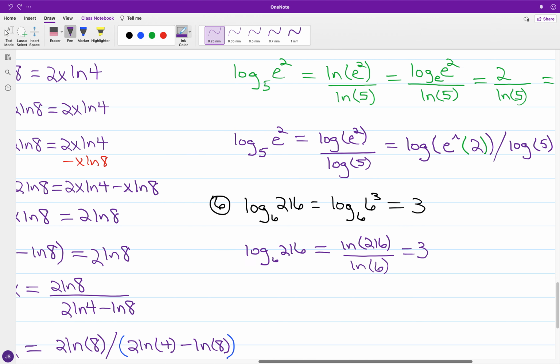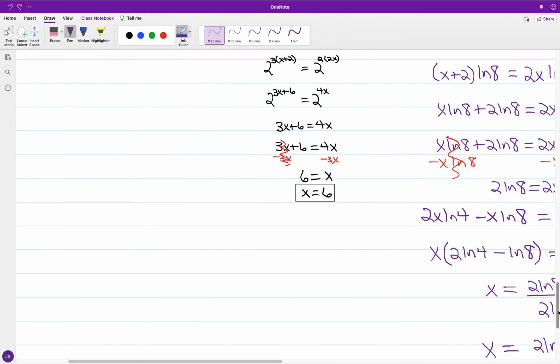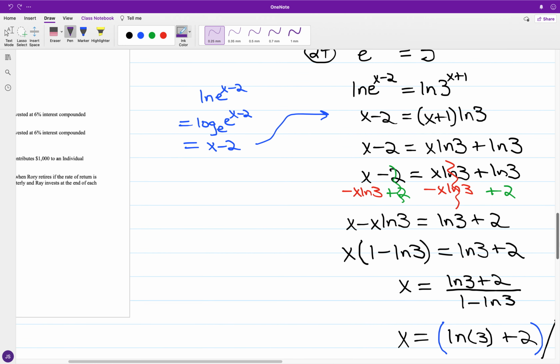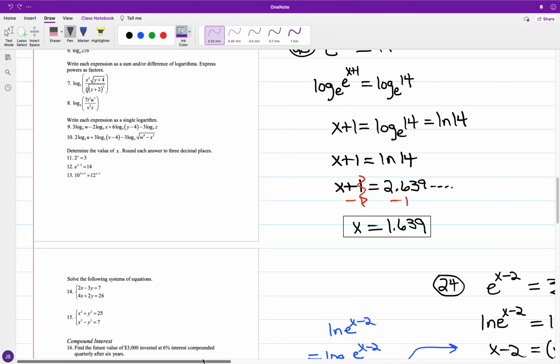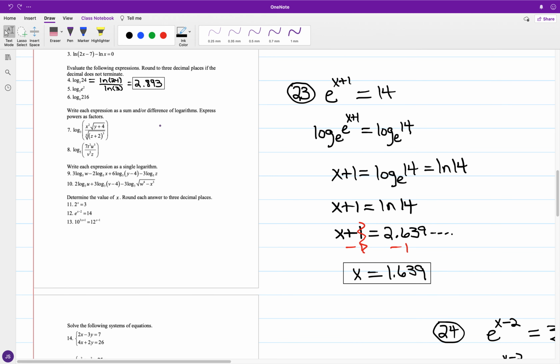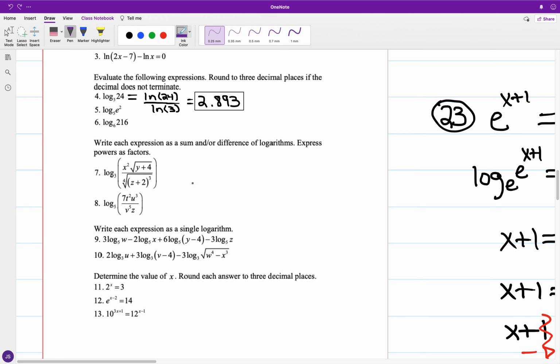All right, now for the next item, number 7, we're looking at writing expressions as sums and differences of logarithms. In numbers 7 and 8, for 7 we have a base 3 logarithmic term, and for 8 we have a logarithmic term in base 5.